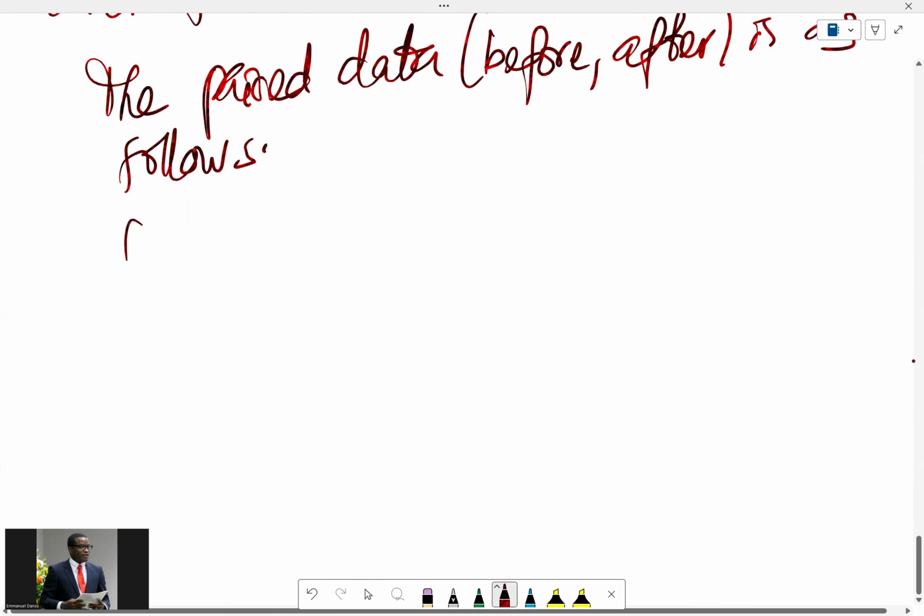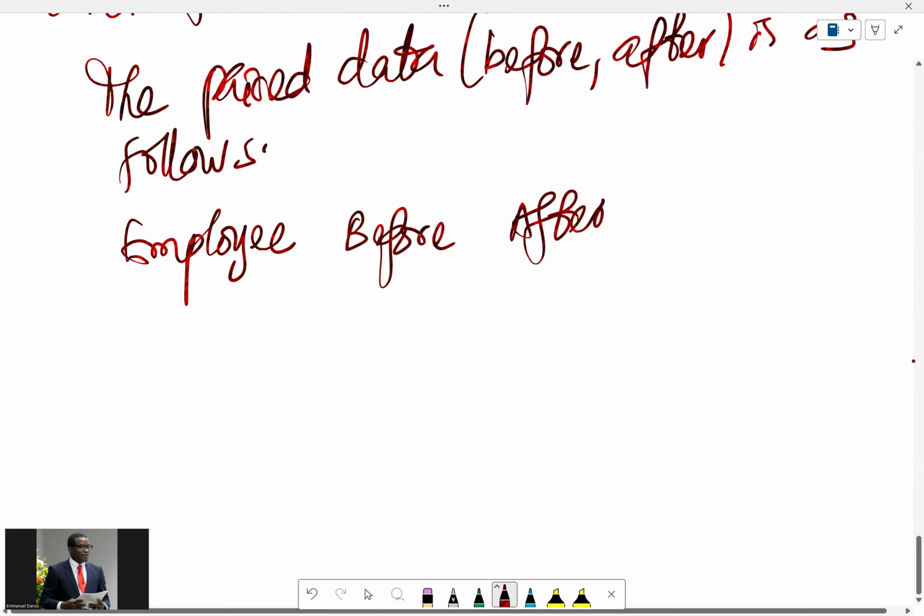So we have employee, before, after, and difference. Of course, the difference is after minus before. That's how we can compute the difference.